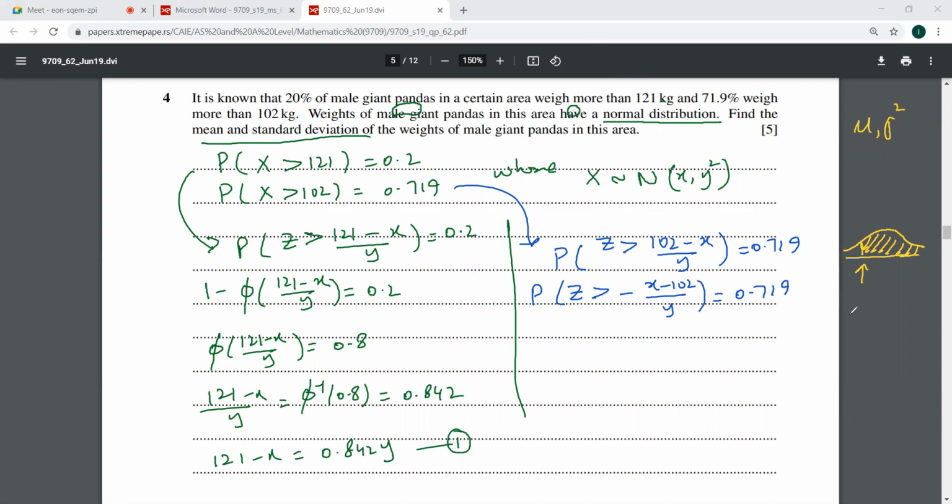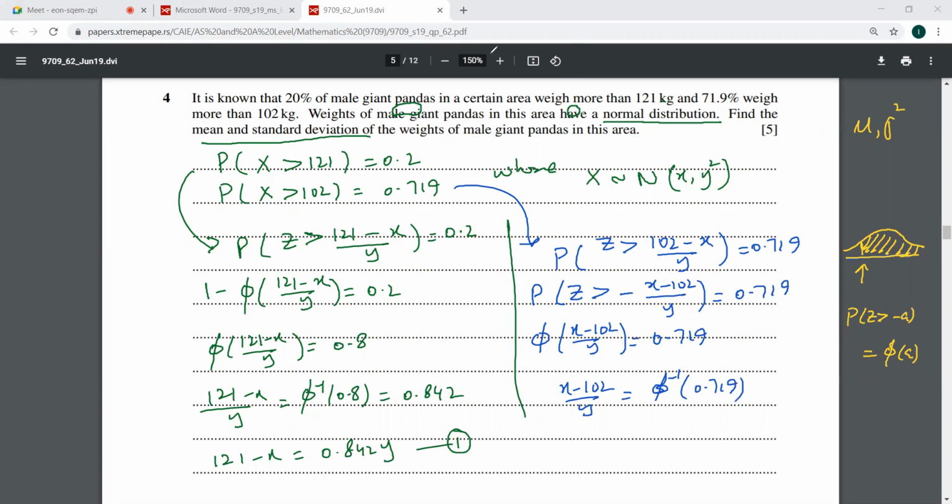Remember, when you have probability Z is greater than minus a, that is simply phi of a. So now this is going to be phi of (x minus 102) over y, that is 0.719. So (x minus 102) over y is going to be phi inverse of 0.719.